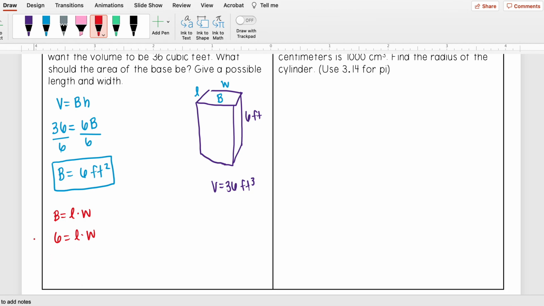Well, I know that 1 and 6 get 6, so one answer could be 1 feet by 6 feet. Or I could have 2 feet by 3 feet, because 2 times 3 gets 6, 1 times 6 gets 6.